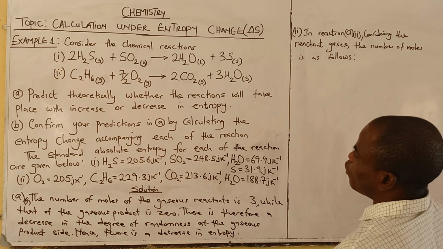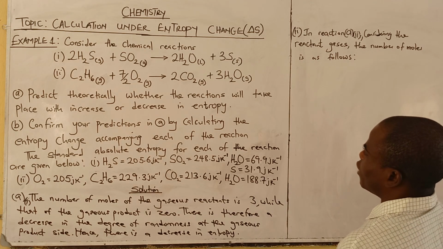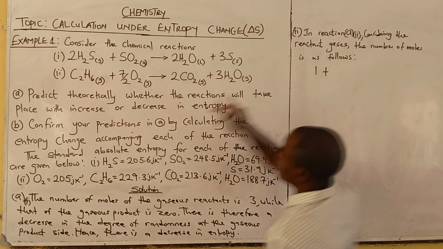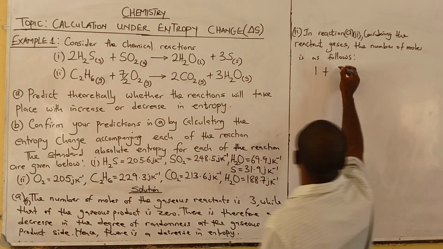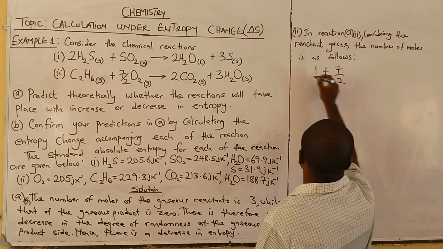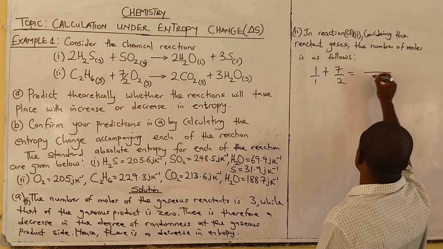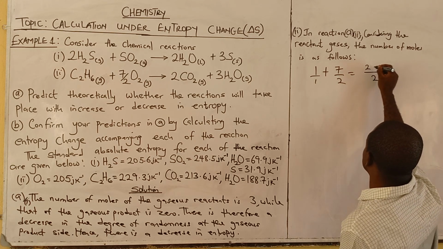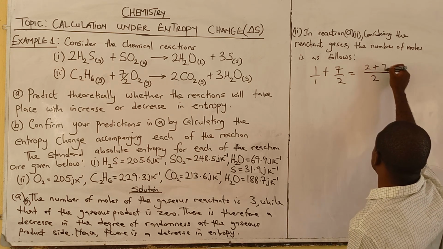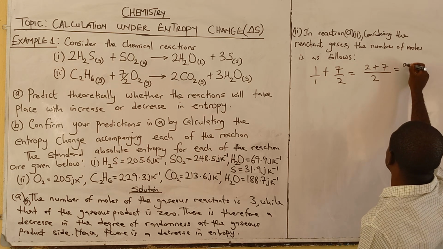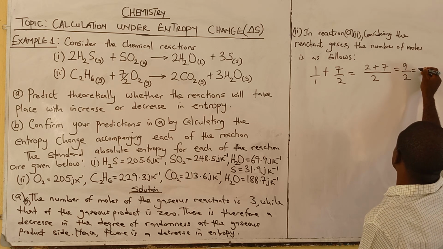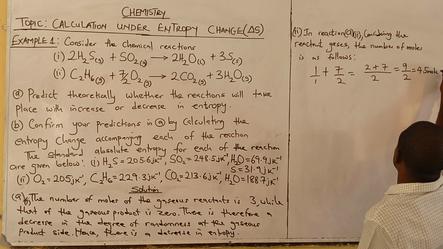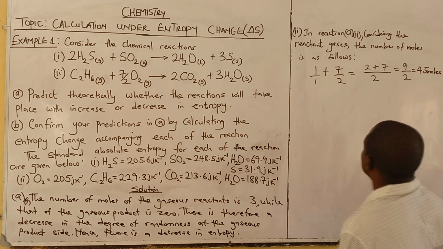You have 1 plus 7/2. Over 1, LCM is 2, 2 times 1 is 2, plus 7, that's 9/2, which is 4.5 moles.